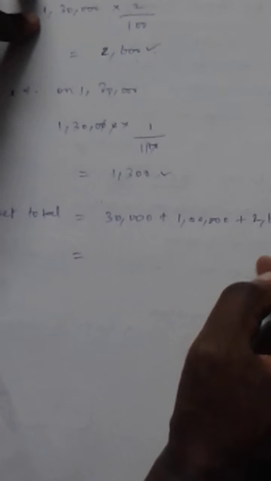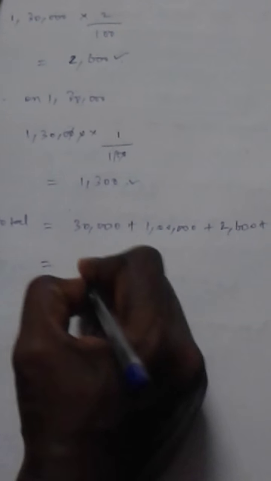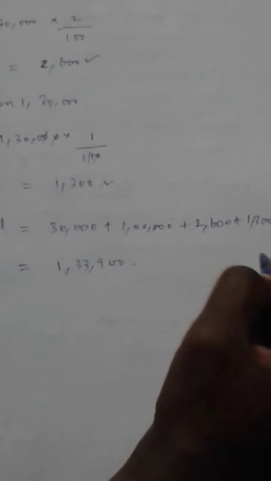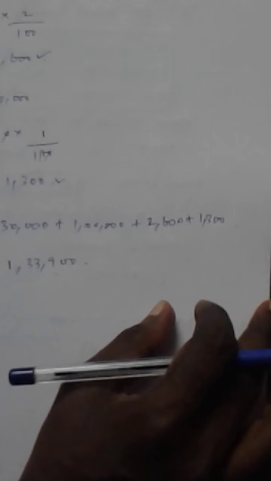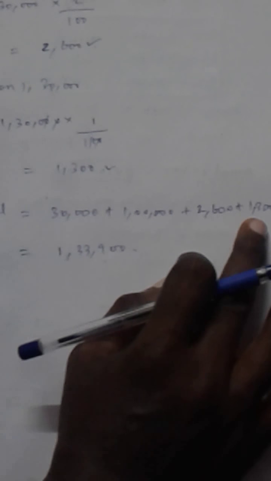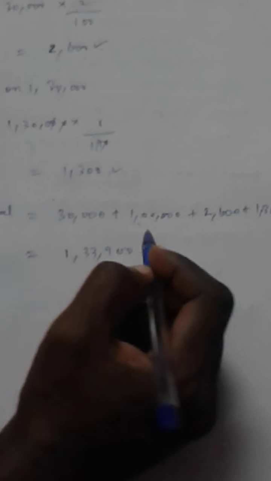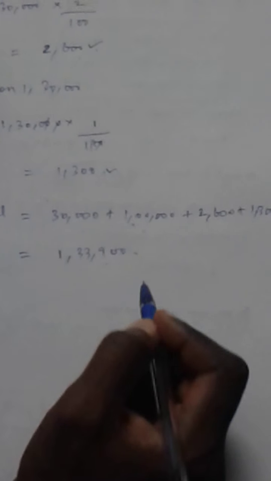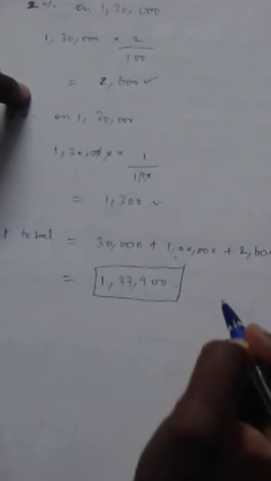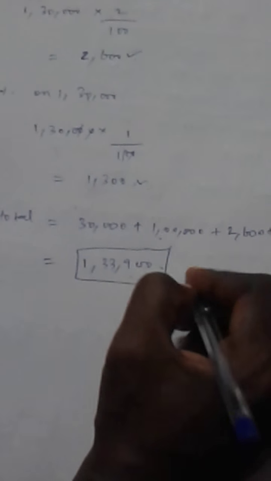When you add all together, it will be 1,33,900. 600 plus 300 is 900, 2,000 plus 1,000 is 3,000, so 3,900. Already we have 1,30,000, so including this 3,900, it comes to 1,33,900. And this is the net total amount which has to be paid for a person.